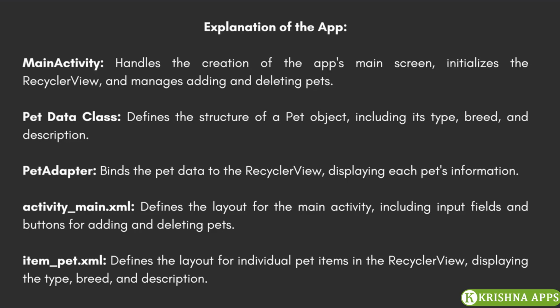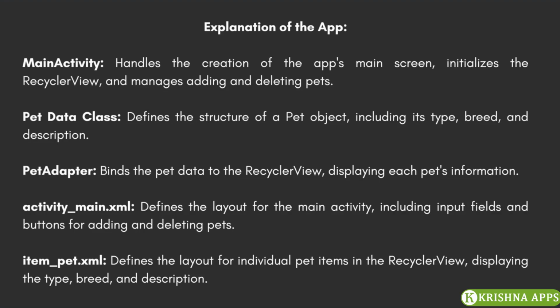So just to briefly explain it, we're going to go over this more in detail soon: the main activity handles the creation of the app's main screen and initializes the recycler view and manages adding and deleting pets. We have the pet data class, which defines the structure of a pet object, including its type, breed, and description.